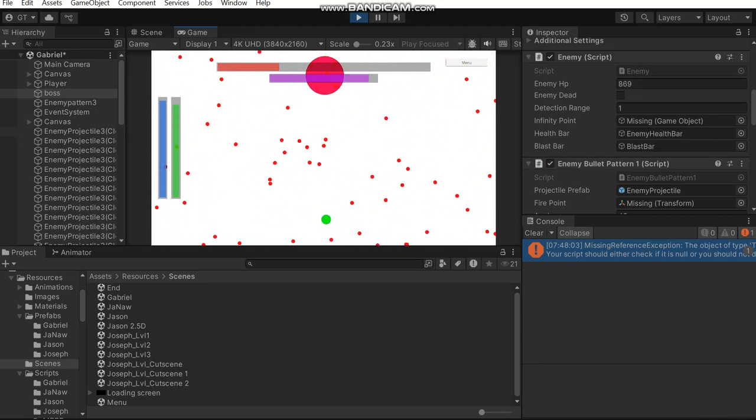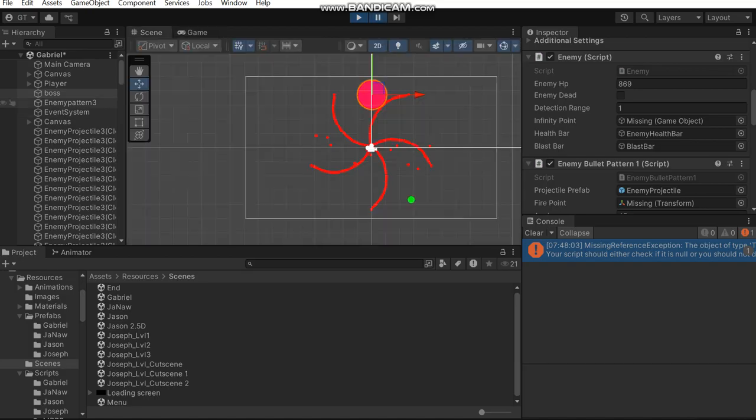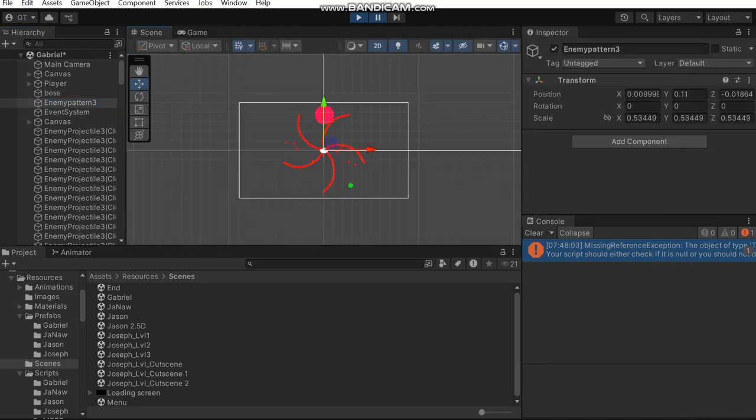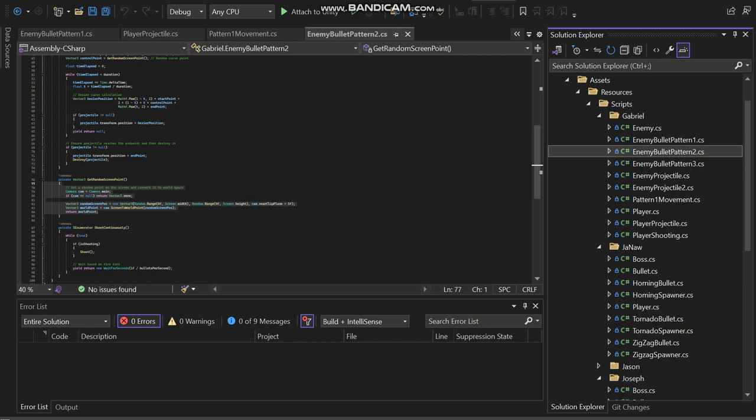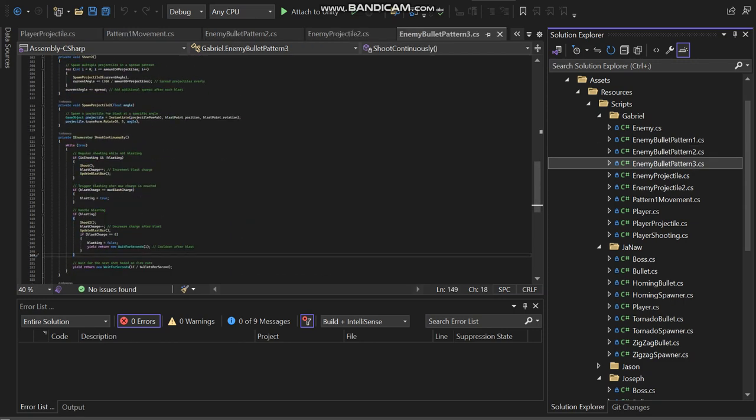Also, the ease in eases into enemy pattern three here, which is in the center of the screen. To implement bullet pattern three, I used this shoot continuously function.